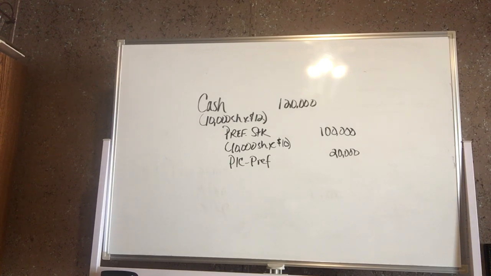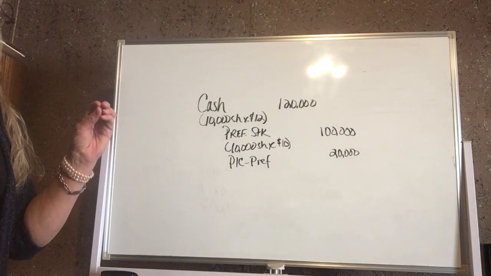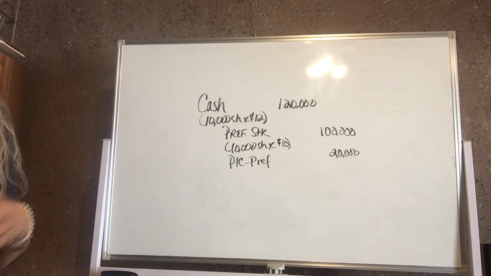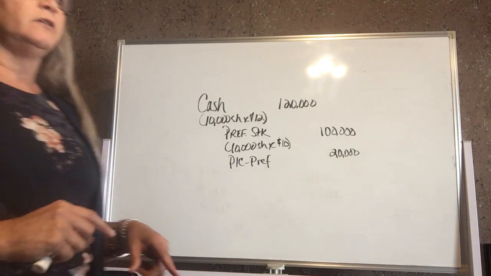The third type of stock that we're going to talk about in this chapter is called treasury stock. It's a little bit of a twist here, okay? Know for the test that treasury stock is the corporation's own stock that has been issued, fully paid for, and then reacquired by the corporation, but not retired.